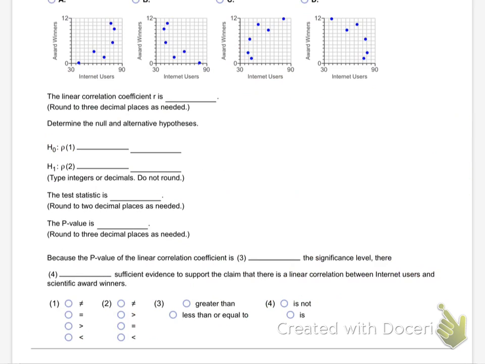Let's go to a fresh screen. So what did we get here? We got rho equals 0, not equals 0. Test statistic 2.61. P-value 0.059, when we did linear regression t-test. All right, so that is greater than 0.01, the significance level.